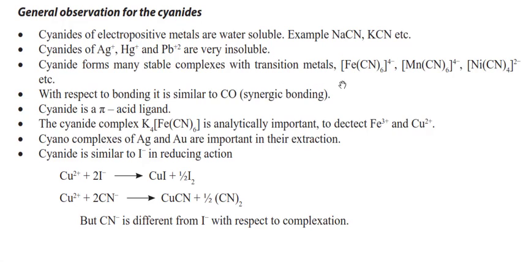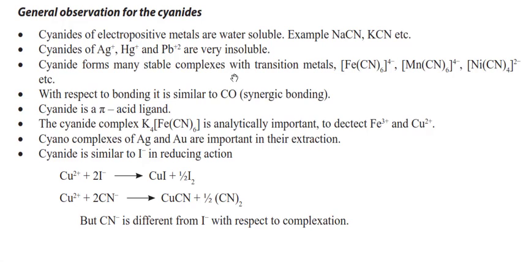However, cyanide can easily form metal complexes, and some of these are used in the laboratory for detection in inorganic qualitative analysis. For example, K4[Fe(CN)6], potassium ferrocyanide, is a very important chemical in the laboratory to detect Fe3+ and copper 2+.